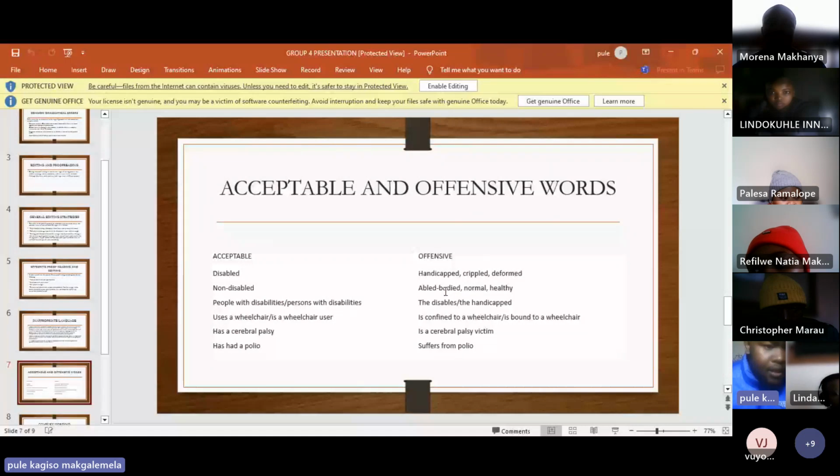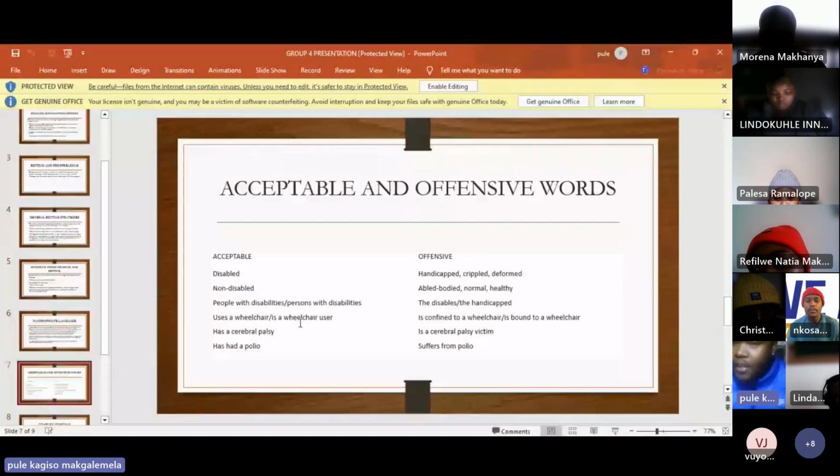You can say non-disabled instead of able-bodied, normal, or healthy, and you can also say people with disabilities or person with disabilities, instead of the disabled or the handicapped.